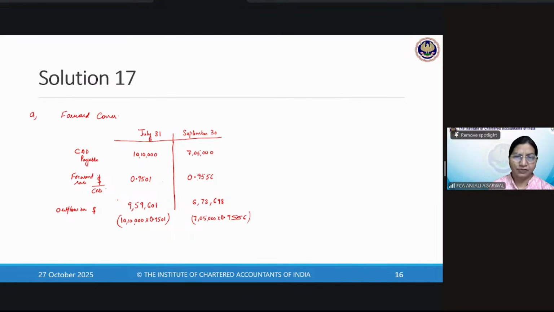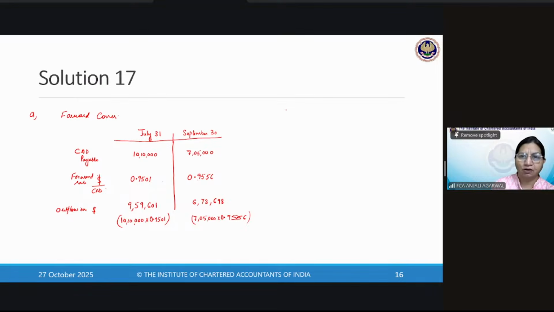If you have any confusion, multiply 7,05,000 with 0.9501. How much is the outflow? 6,69,820. Now how much is the outflow? 673. So your outflow has increased. If the same 7 lakh 5,000 were payable on 31st July, you would have paid 669. But on 30th September, you're making a payment of 6,73,698, which means the Canadian dollar is at premium.